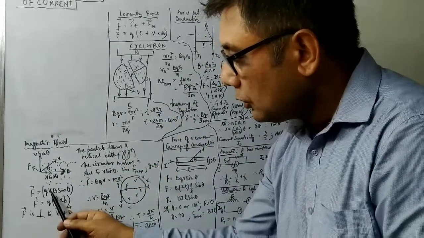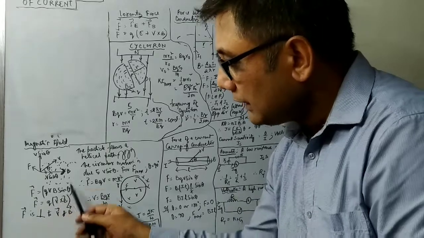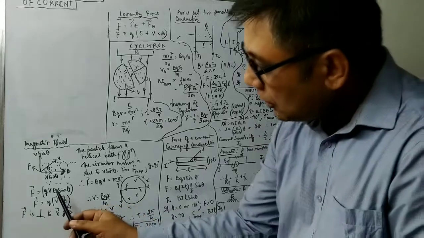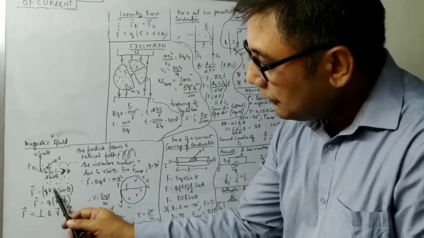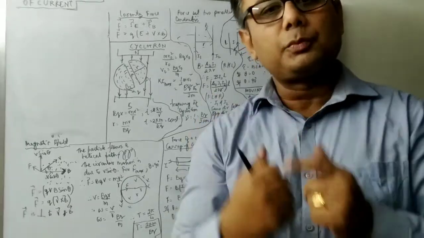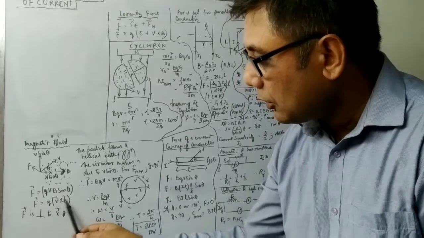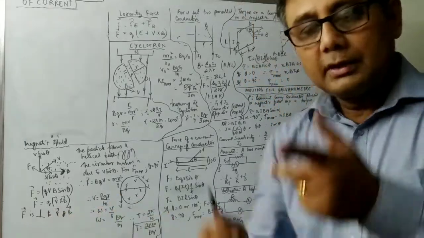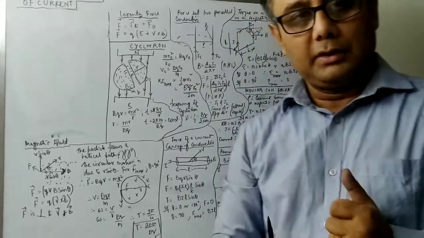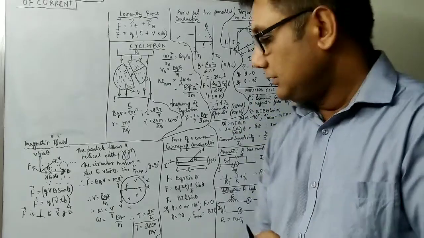It is F equal to q v sin theta into B. And we know v sin theta and B, according to vectors, are cross products. So I can write it as F equal to q V cross B. That means the force is actually perpendicular to both the velocity and the magnetic field. Right? So we are applying here Fleming's left hand rule, basically.